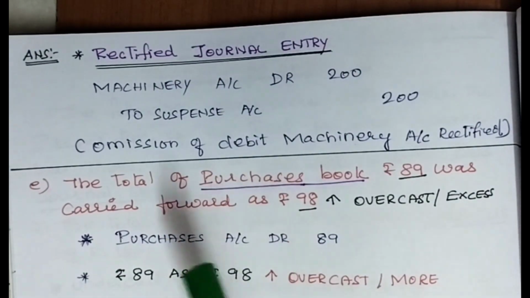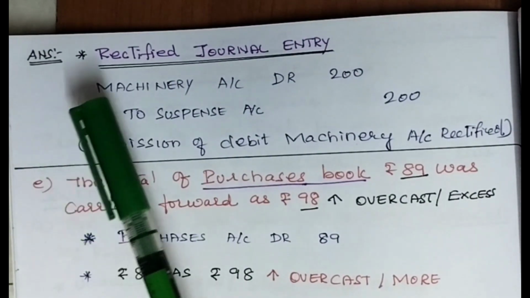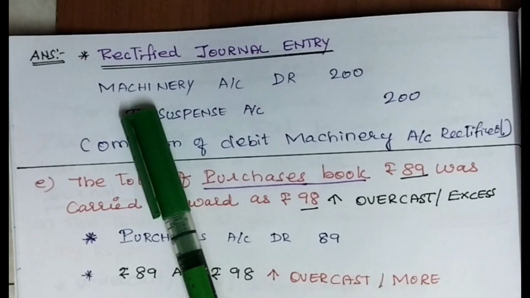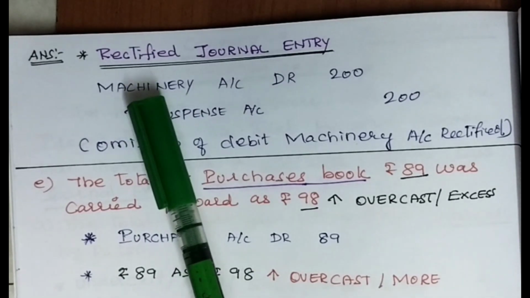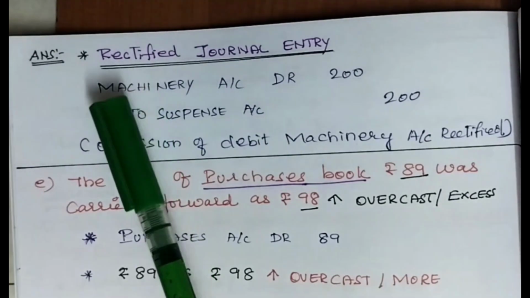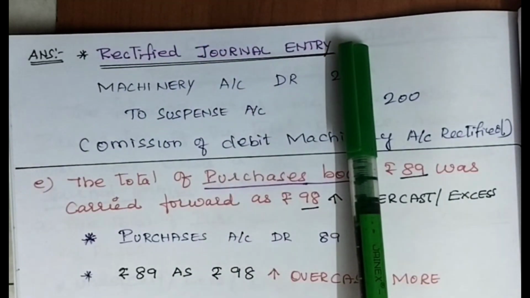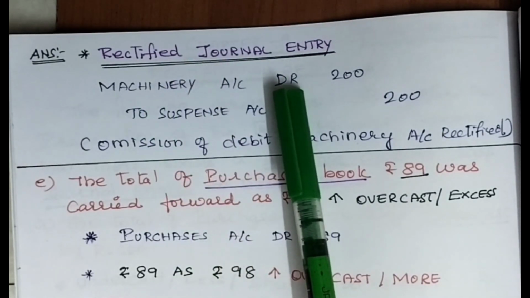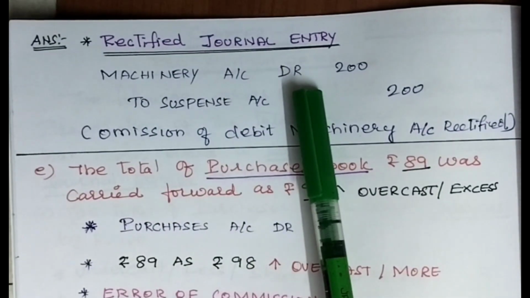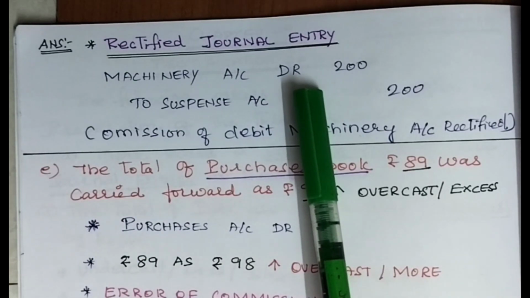Which account is affected here? The machinery account is affected, because the accountant omitted it. So we have to rectify that journal entry by entering the machinery account.